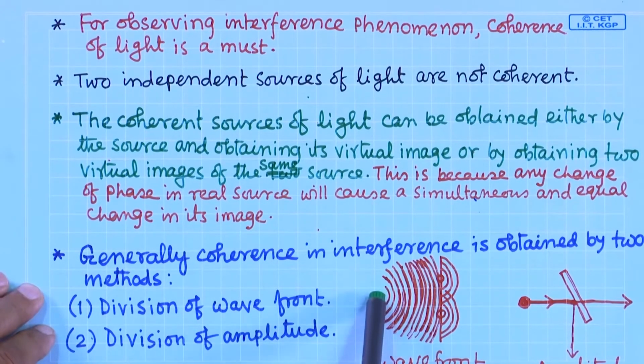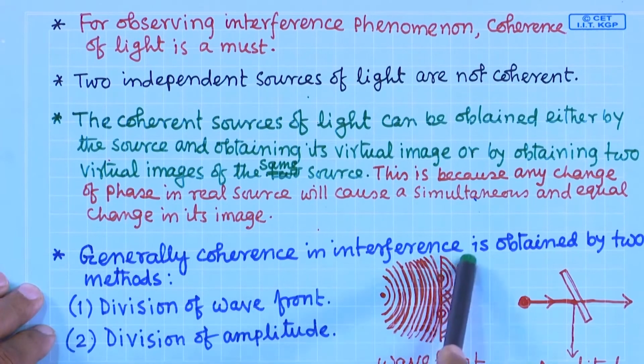So, wavefront you know, so this is the spherical wavefront. Okay. So, now here if we have two pinholes, this wavefront is falling on this screen where two pinholes are there. So, from each pinhole again, these wavefronts are dividing into two parts. Okay. So, one part is entering this way, another is entering this way.